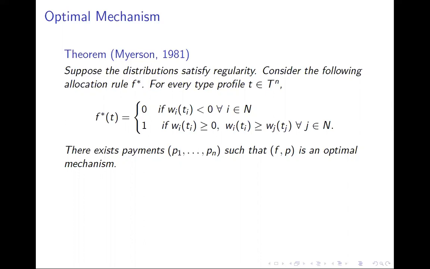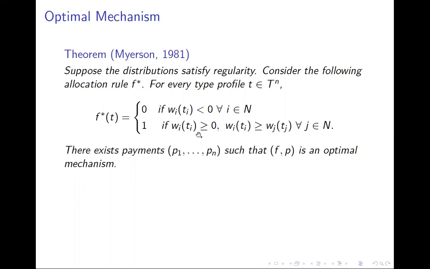From last lecture, if you remember how we can construct payment of this, basically the losers pay 0 and the winner pays the cutoff amount, where the cutoff amount is basically the infimum type at which an agent starts winning. Okay. So basically, if I am agent i and I'm winning, I have the highest non-negative virtual value.